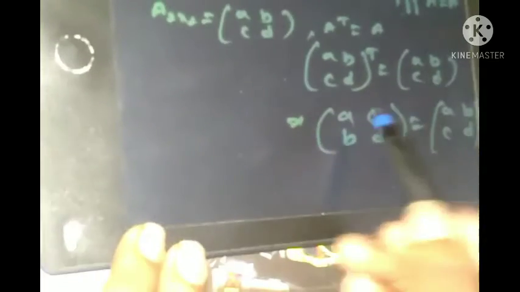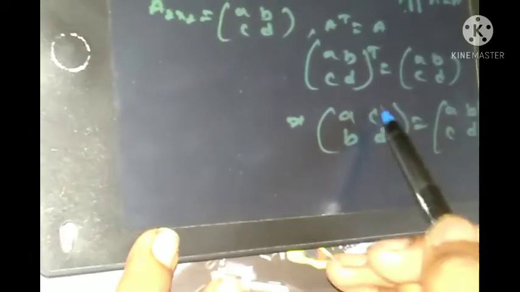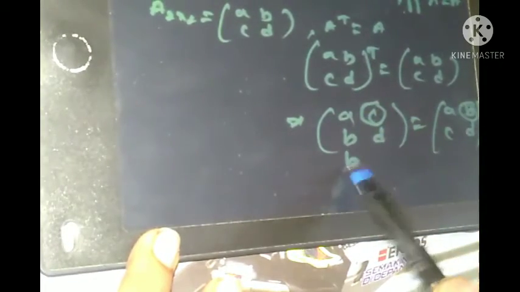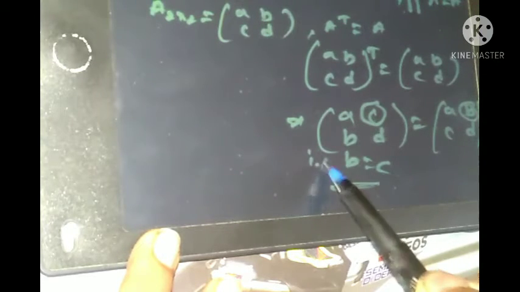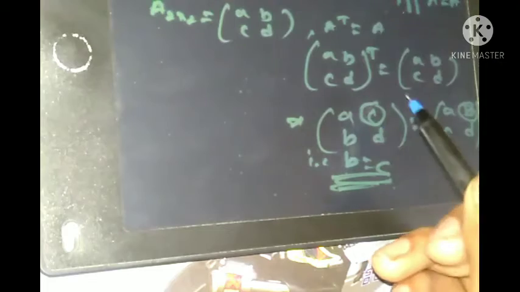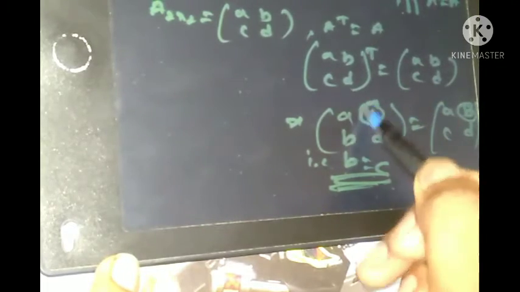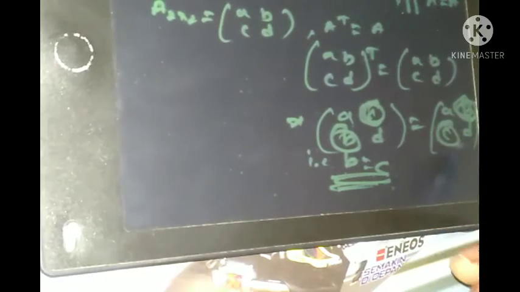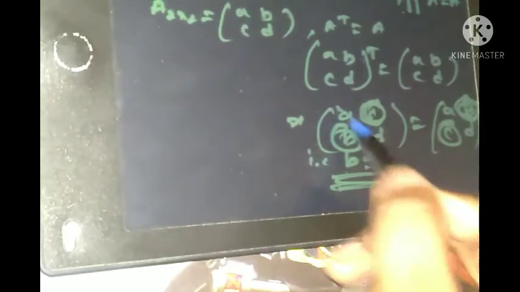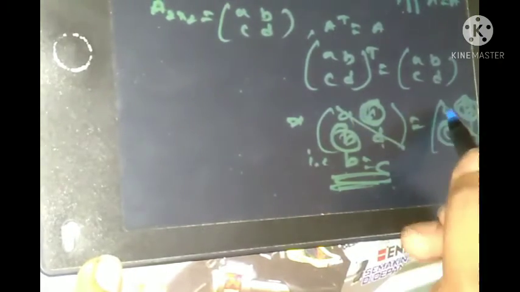Now we observe that here this element is b, and here it is c, and the diagonal elements are the same, a and d. This implies b is equal to c.